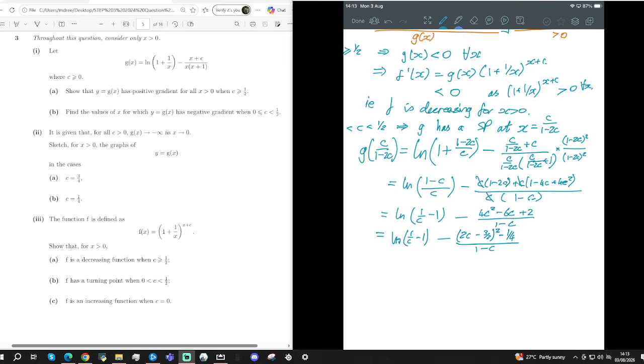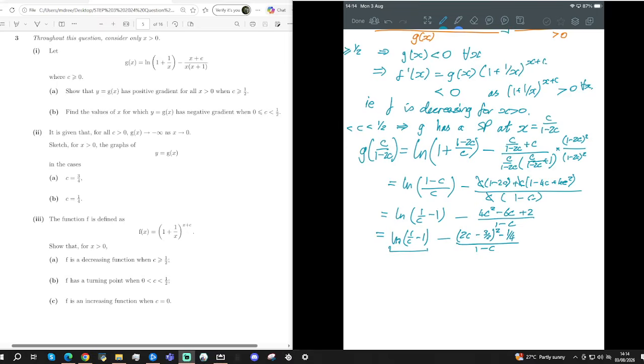Now, is this thing always negative? Well, I'm only allowed to be between 0 and 1/2. So if I sub 0 into this, this is certainly negative. If I was to sub 1/2 into this, it's still certainly negative, which is what I wanted.